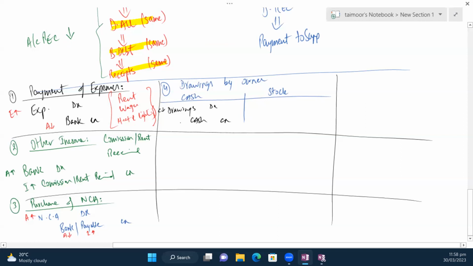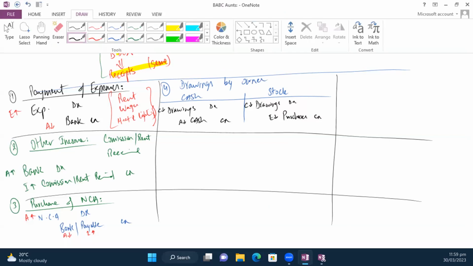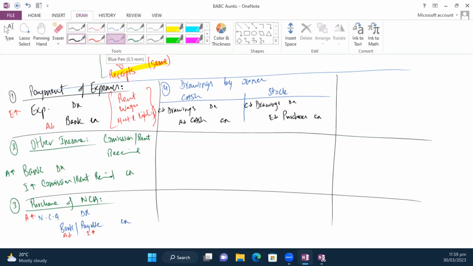Capital decrease, asset decrease. But if it is stock drawings, so this will be drawings debit, purchases credit. Capital decrease, expense decrease. ठीक है जी. Why expense decrease? Because things that you have bought for the business is now being used by the owner. So overall purchase expense for the business will decrease.